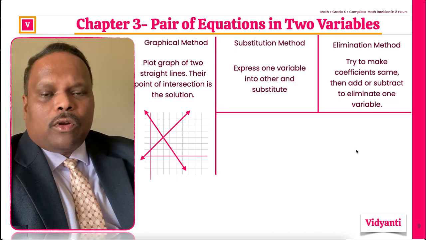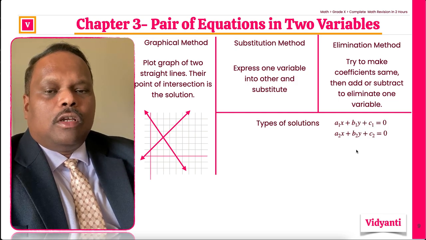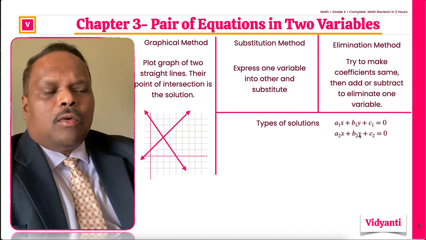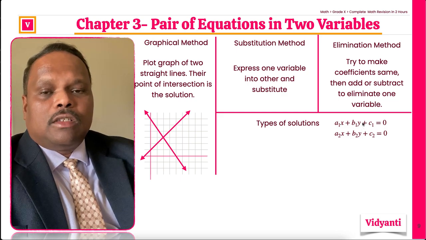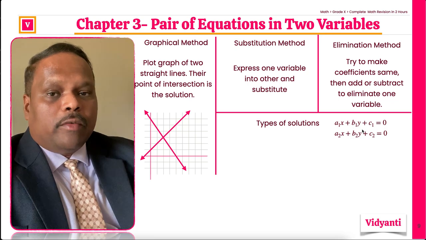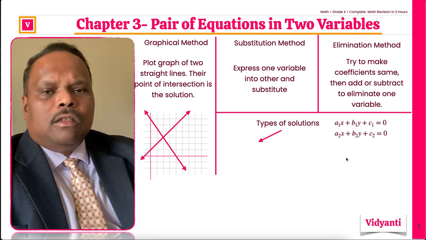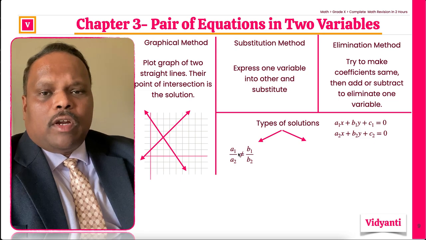Now, there is one more thing here. They are talking about types of solution. Let's assume that you have been given 2 linear equations representing straight lines. What is the nature of the answers when we try to solve them or simplify them? There are 2 major scenarios. One is when the ratio a1 upon a2 is not equal to b1 upon b2.